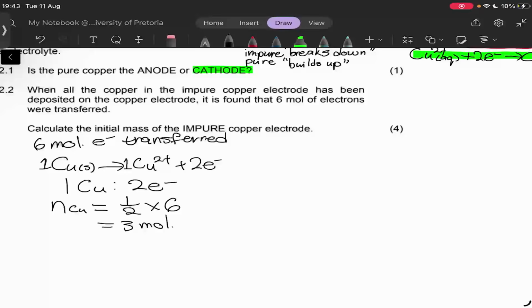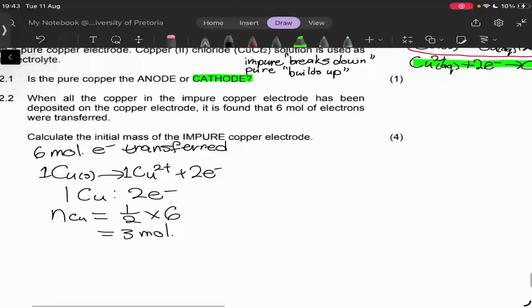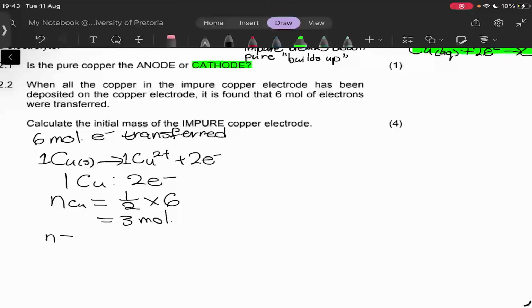Now let's get the initial mass of the impure copper electrode. For that, I have to use the following formula. I have n equals mass over molar mass, or moles equals mass over molar mass. My mass in this case, I don't know. My moles, I do know. My molar mass, I can find out. So my mole is 3. My mass is my unknown. If I look at my periodic table, I get my molar mass as 63.5 grams per mole.